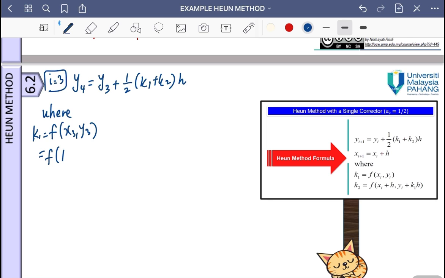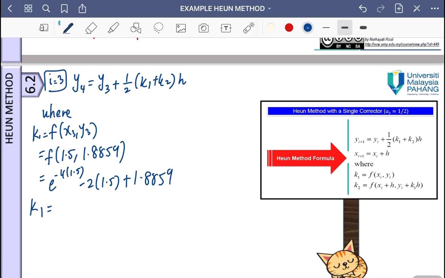Here x3 is 1.5 and y3 from your previous calculation is 1.8859. Substitute into the y prime or first derivative, e to the power of negative 4 times x, minus 2 times x, plus y. If you calculate this, you may get your k1 equal to negative 1.1116.